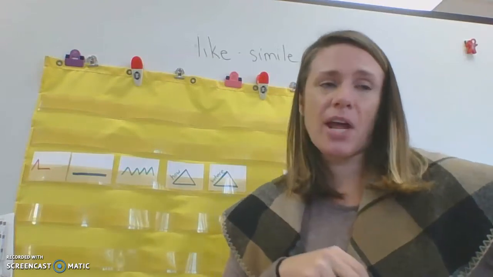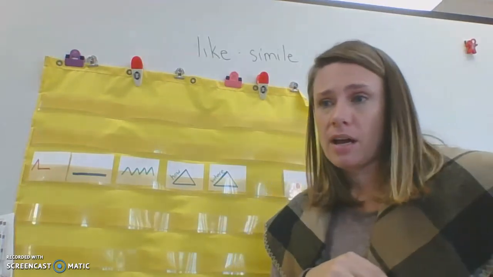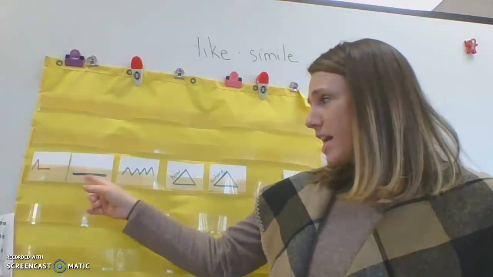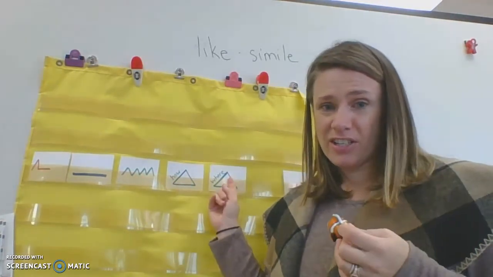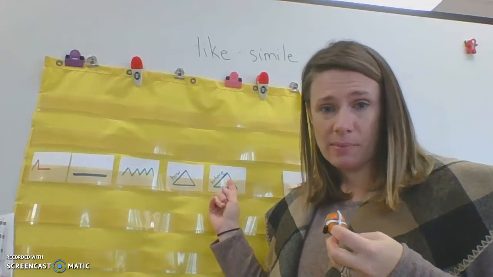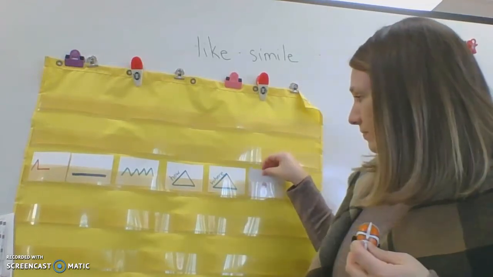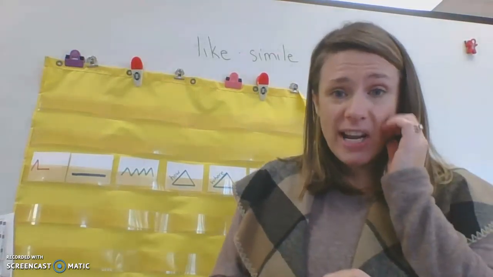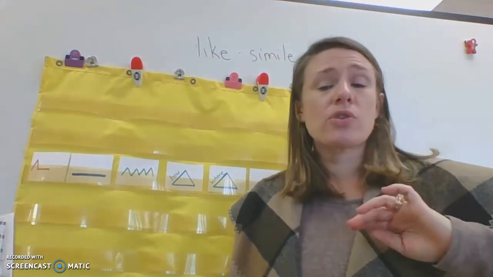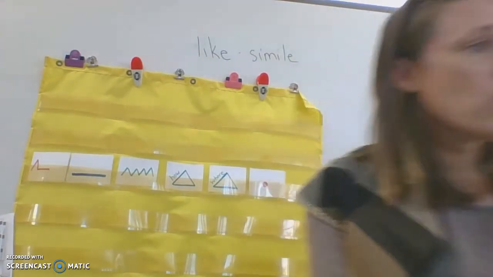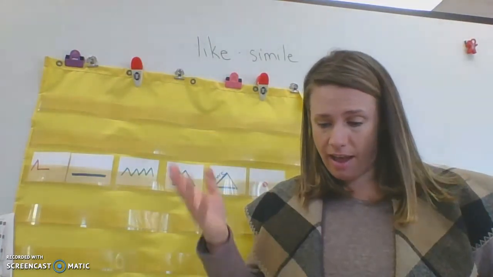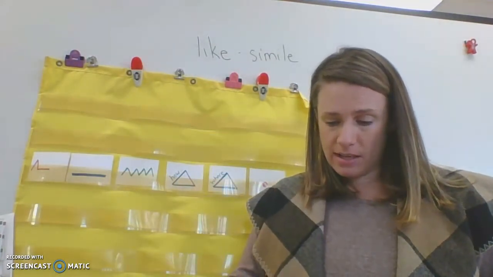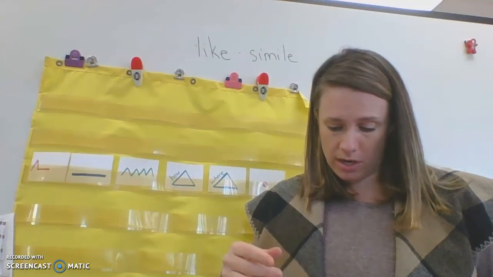Now let's mix it up. What if we changed our subject to Jessie? Jessie swims like a fish at the YMCA swim lesson. Okay, I want you to be practicing similes now. So you need to look at some pictures, or you could even use blocks that have words on them to give you some inspiration.